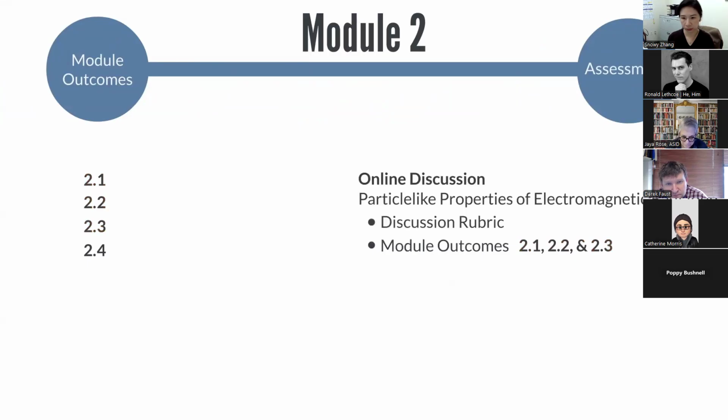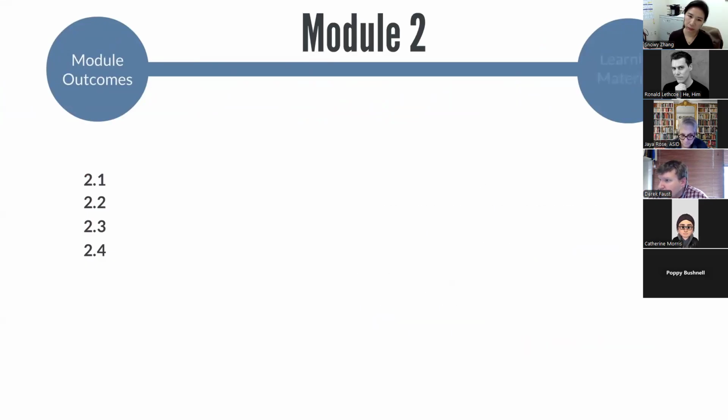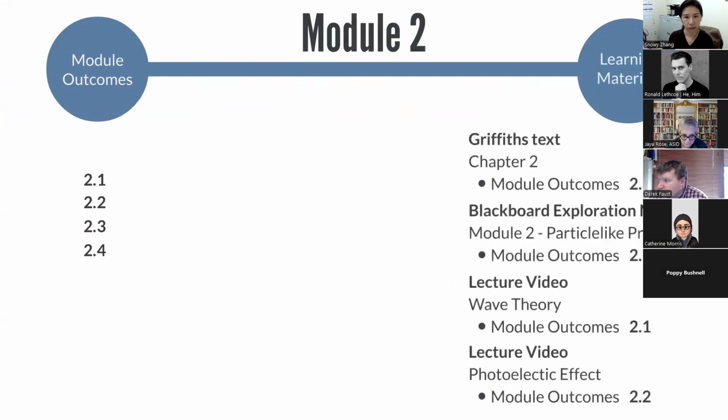You will find that some assessments, like exams, assess learning outcomes from multiple modules. By using the decimal notation, you can quickly recognize that this assessment is assessing outcomes from modules 1 and 2. For each module, you will then want to move on to aligning your learning materials. For each learning material within your module, you will want to list the name, the description, and the module outcome or outcomes that they align with.